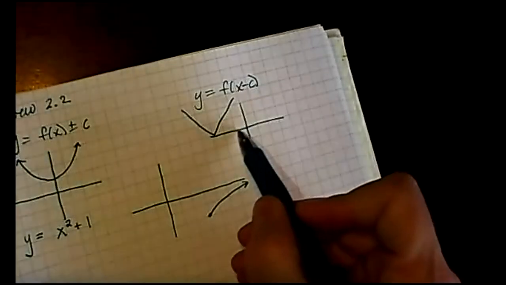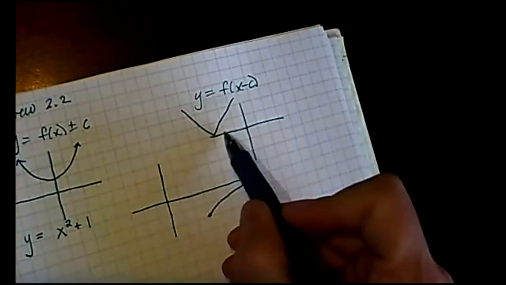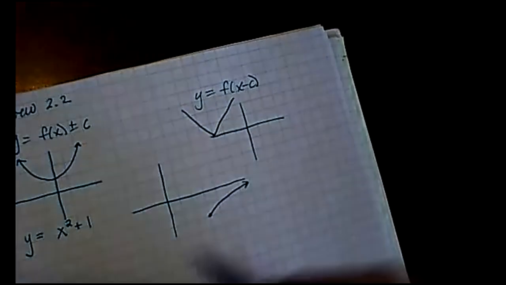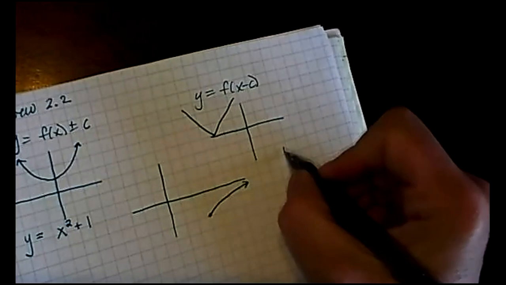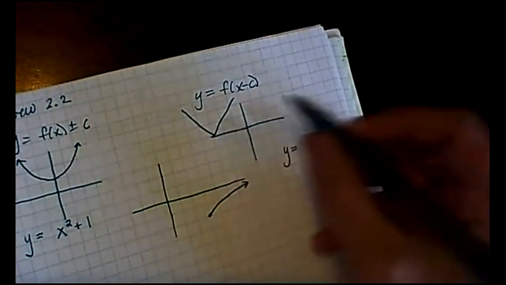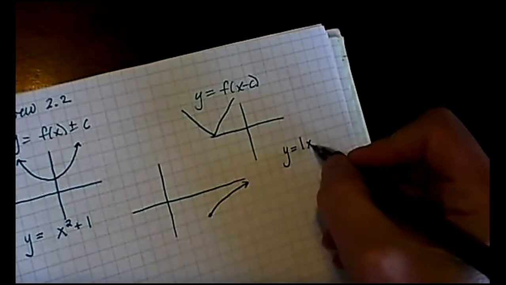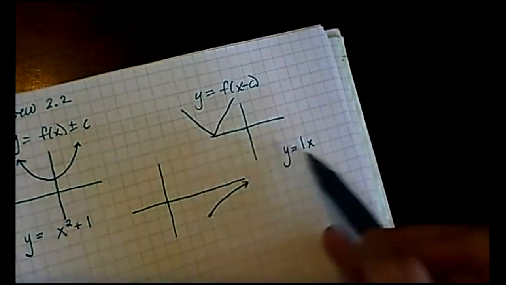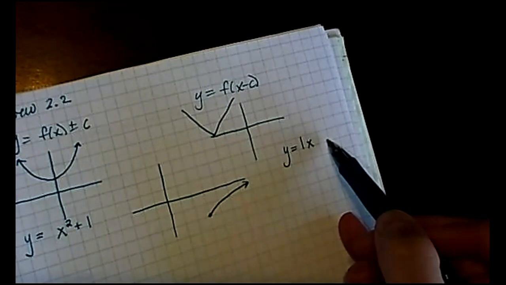Now let's look over here at this one. All right, so this one, do you see we have a horizontal translation? And how many? It looks like 1, 2, 3 to the left. So when we write this one, now this is an absolute value, so I'm going to put an absolute value of x. And because I have a horizontal translation, I'm going to put that within the absolute value bars.